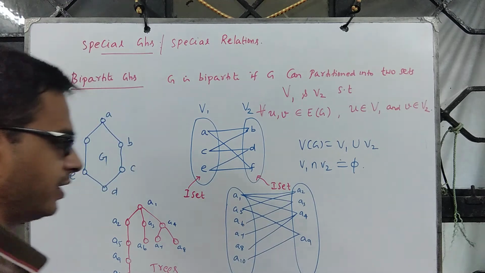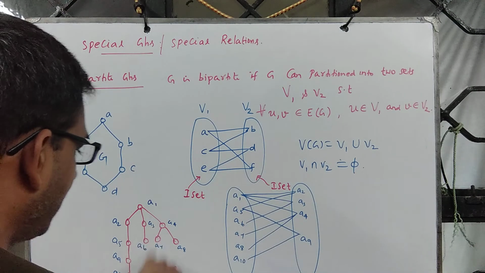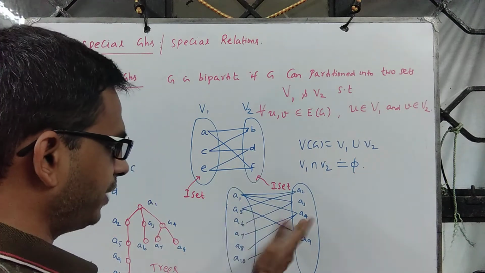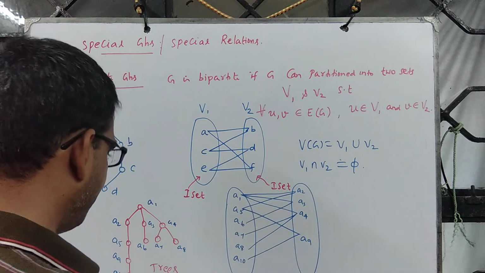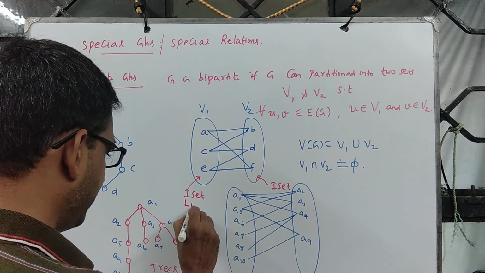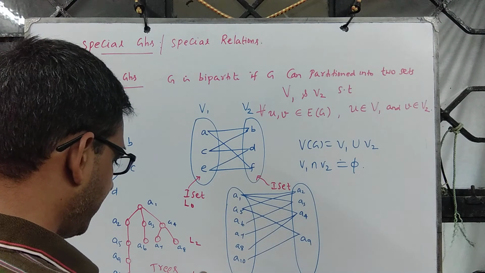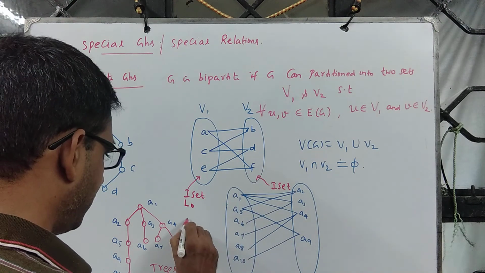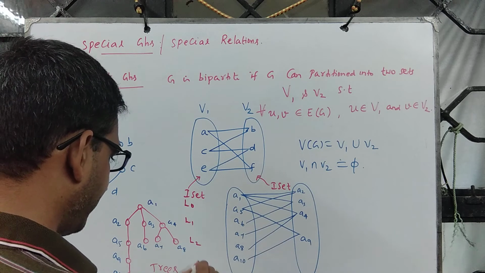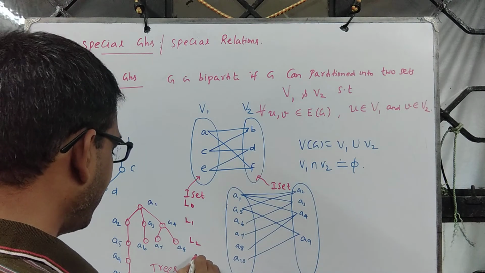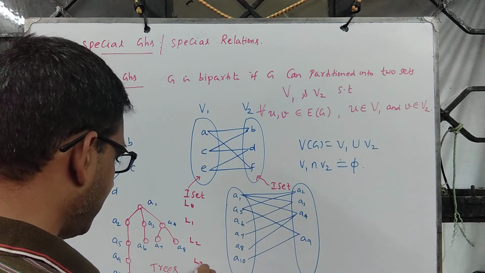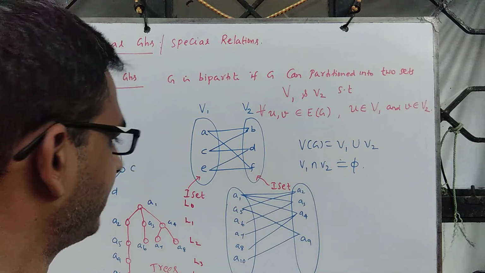As you can see, if you alternate between V1 and V2, meaning vertices at level 0, 2 and 4 are placed in one partition, and vertices at levels L1 and L3 are placed in the other partition.